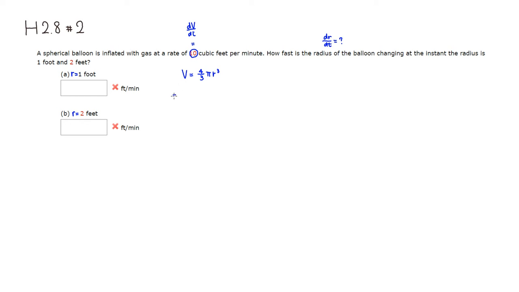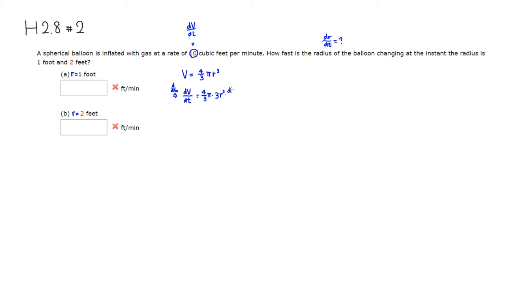So if you take the derivative of this with respect to t, we get dV over dt, which is equal to, right, so 4/3 pi is just a constant. Derivative of r cubed would be 3r squared.